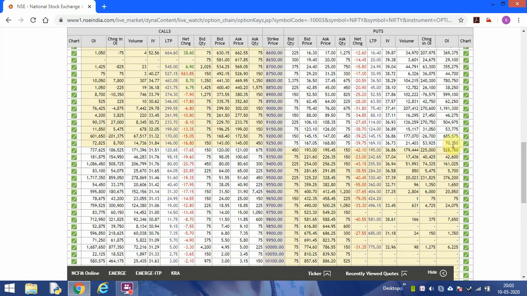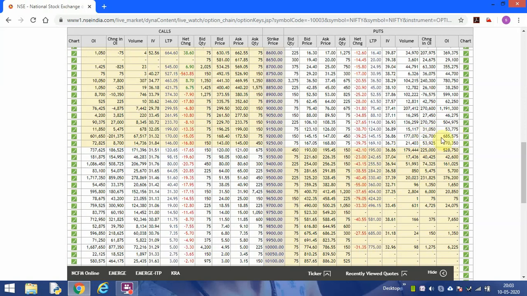As a thumb rule I am telling you, just ignore these numbers. In case of Nifty, you see 6,85,000 on open interest on put, 53,000, you can ignore, change in open interest is very less.